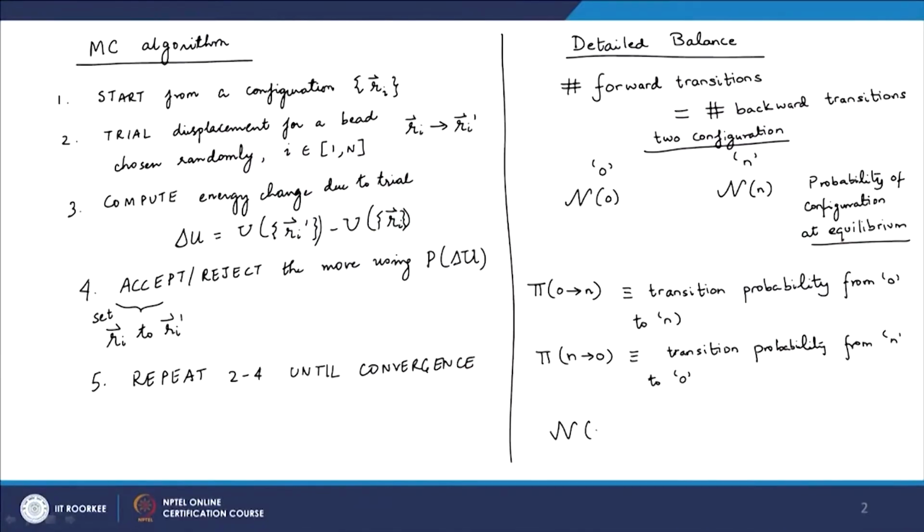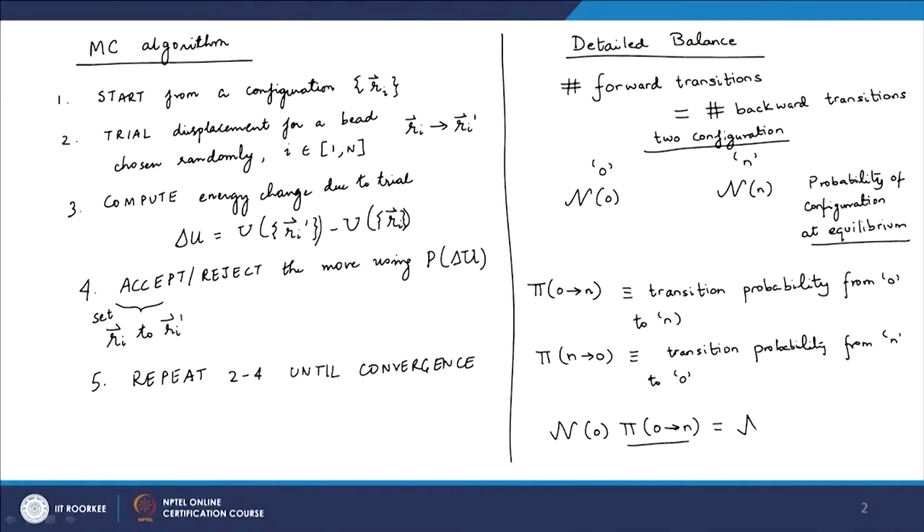So, the forward transitions will be N(O) multiplied by pi of O to N. Only those configurations which are already at O can go to N with the probability pi O to N, and similarly only those which are at N can go to O with probability pi of N to O.